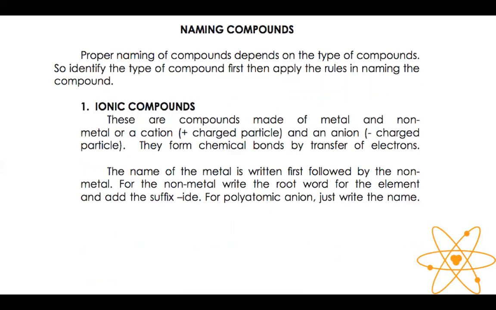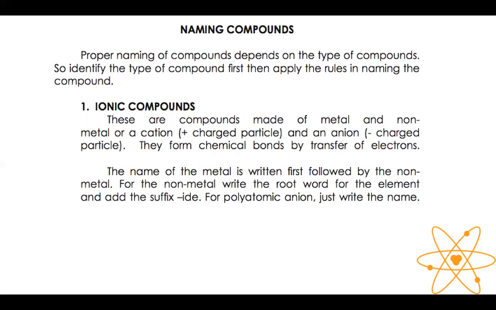Proper naming of compounds depends on the type of compound. So identify the type of compound first, then apply the rules in naming it. Identify whether it is an ionic compound, a covalent compound, or a metallic compound.